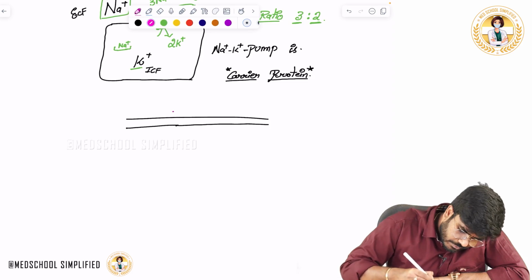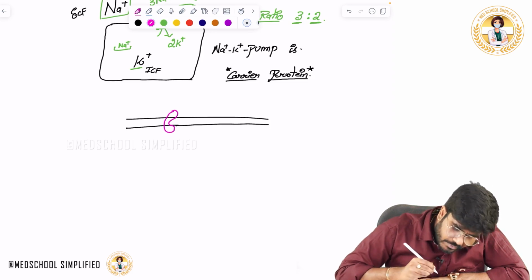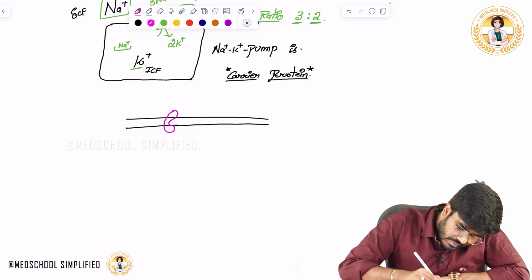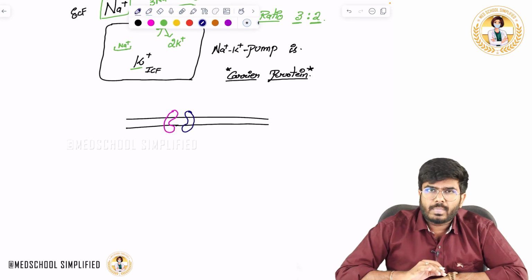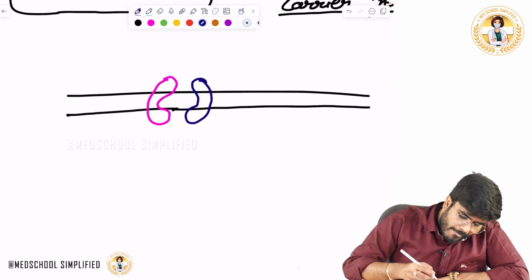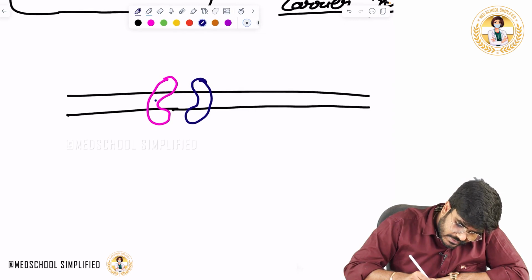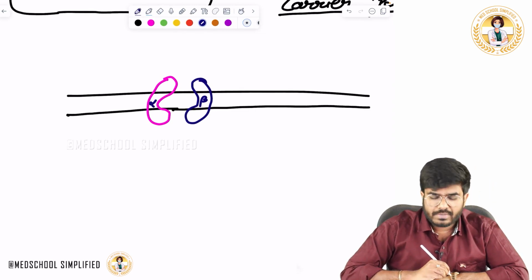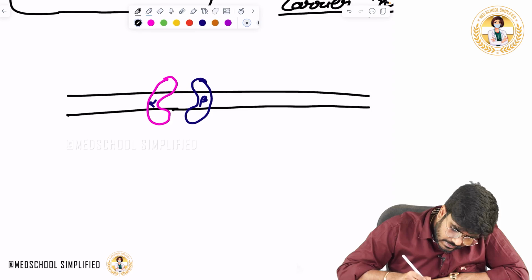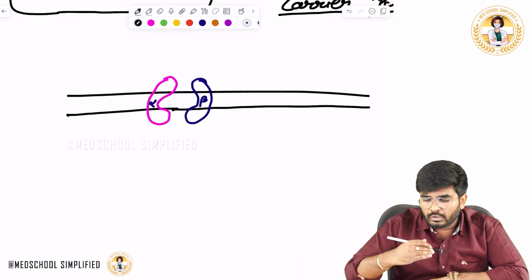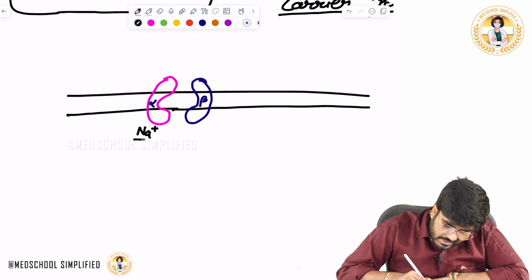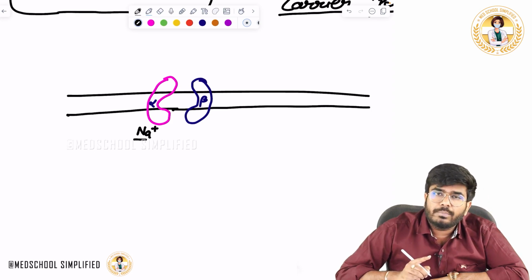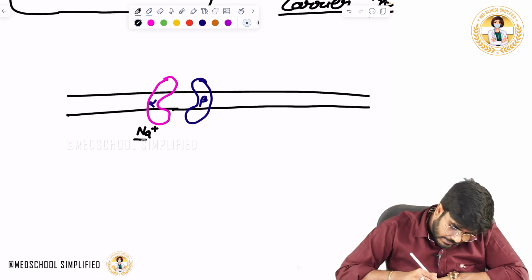Here there is an alpha subunit and here there is a beta subunit. This is an easy representation to understand. First, sodium comes and binds to the alpha subunit on the intracellular side.